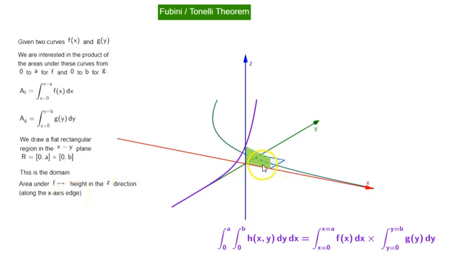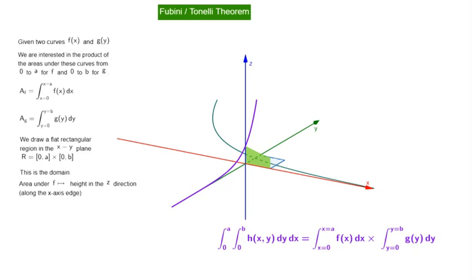Now this is the area under the curve f of x. You might have noticed that that curve is on the xy plane and this is in the xz plane. Basically what I have done is graph the area under the curve in the xy plane in the xz plane.